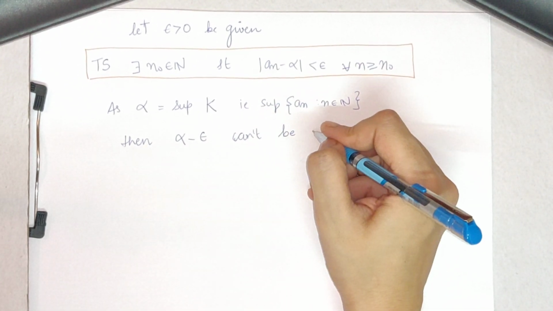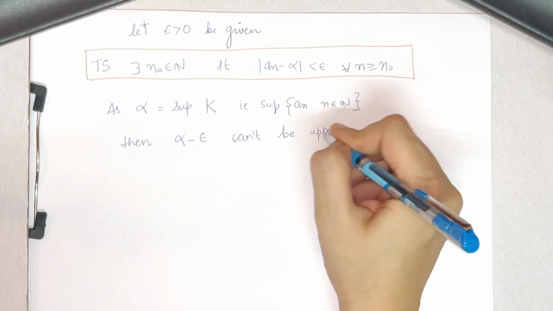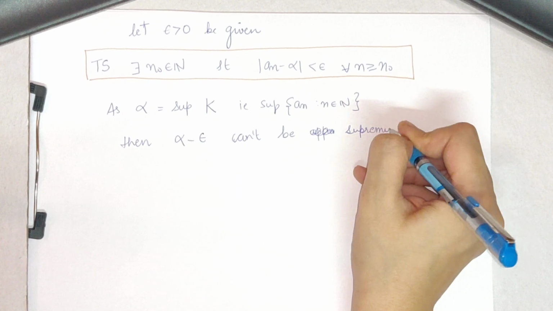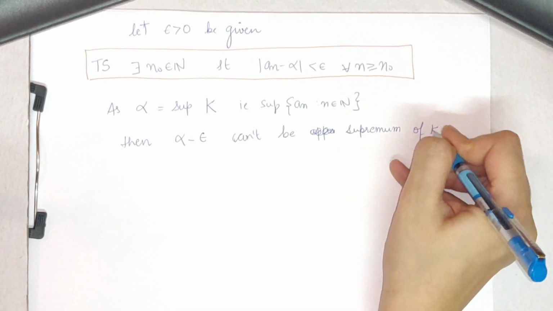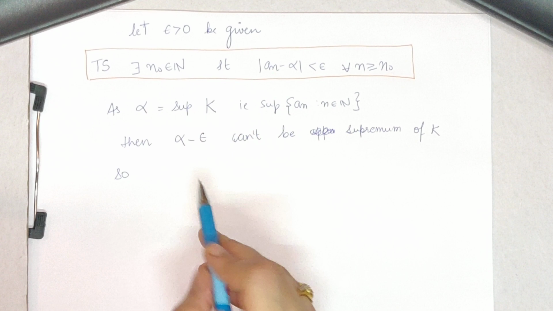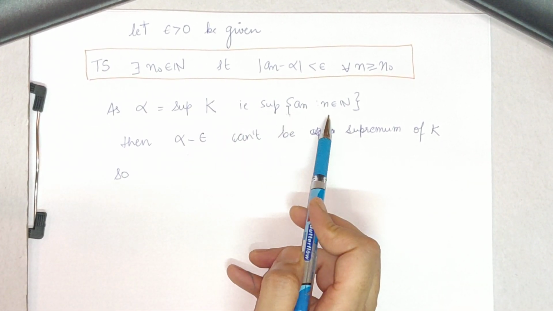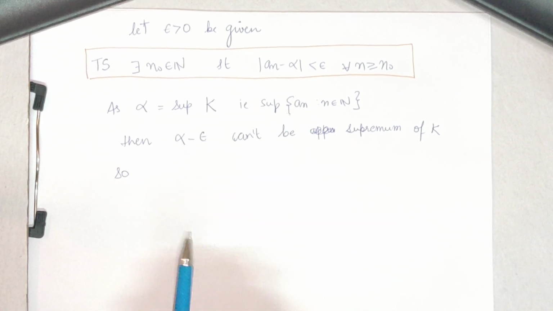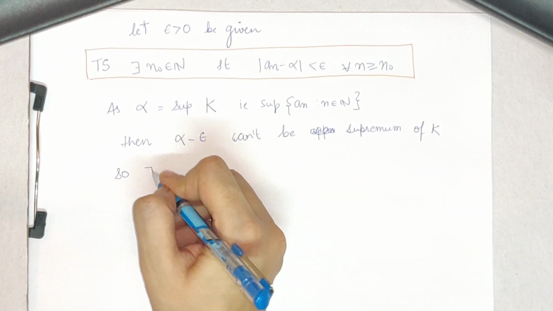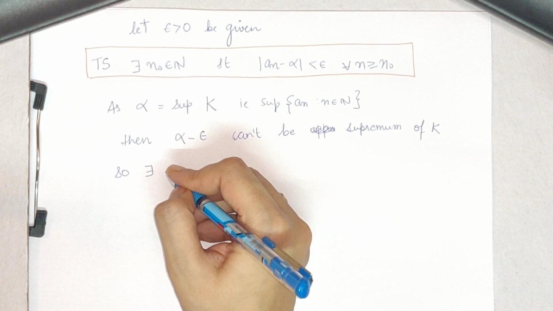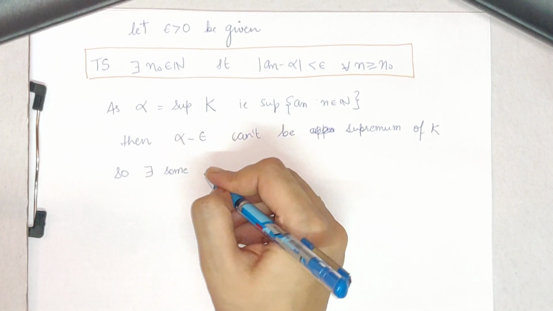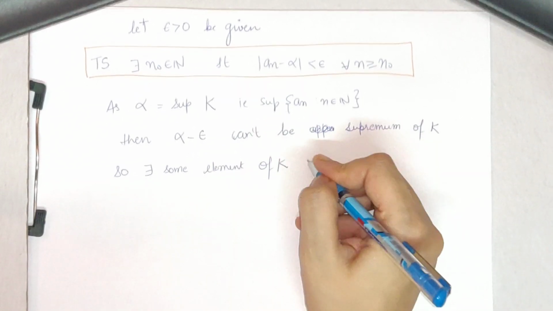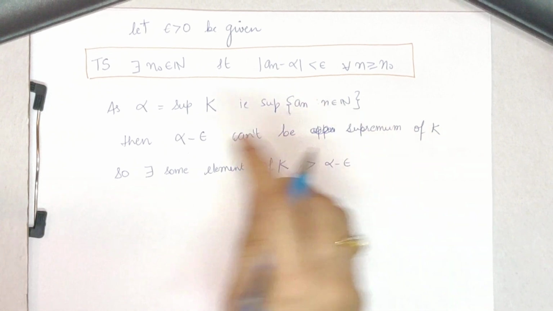It cannot be the supremum. So if this is not the supremum of this set, this means there exists some element bigger than this. So there exists some element of K which is bigger than this, because it is not the supremum.